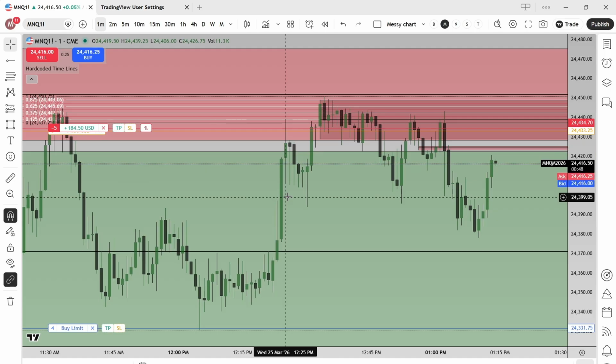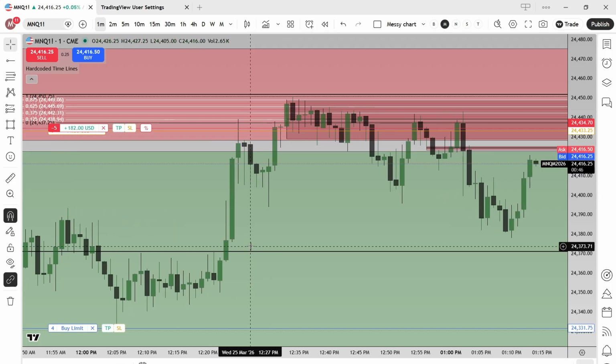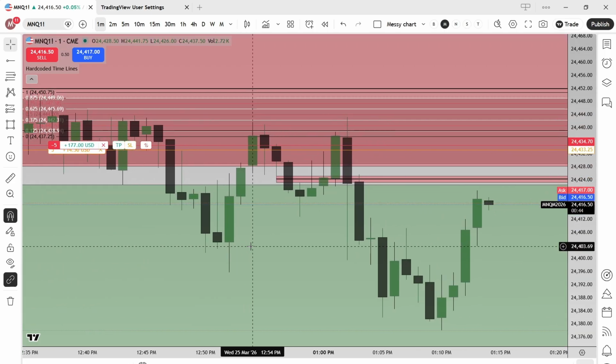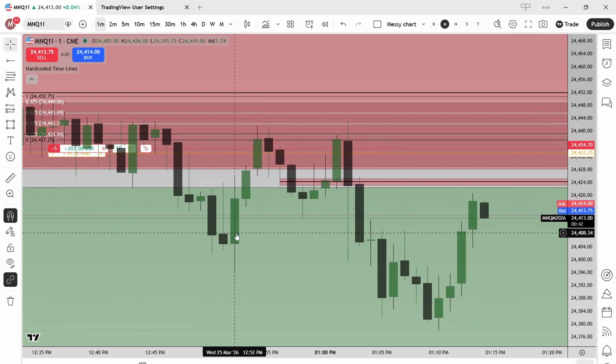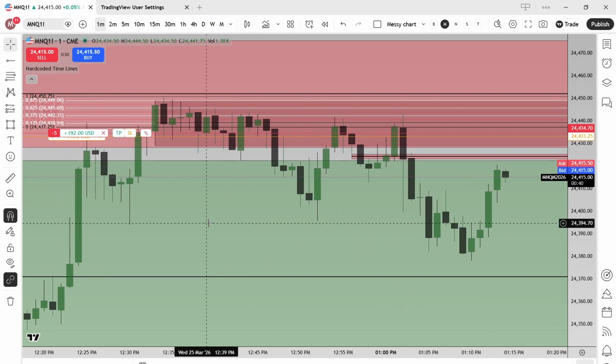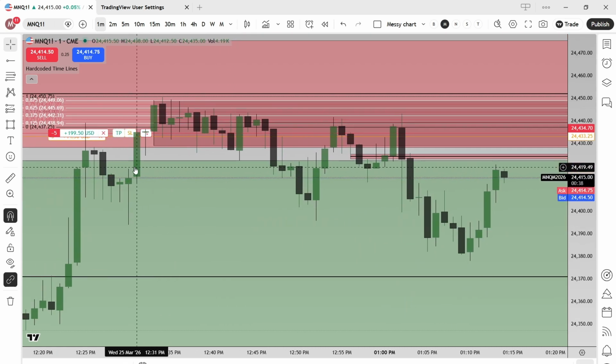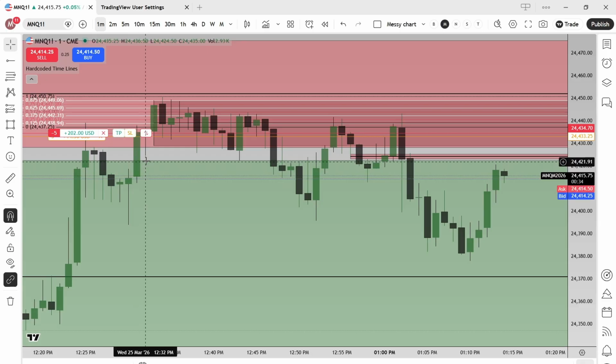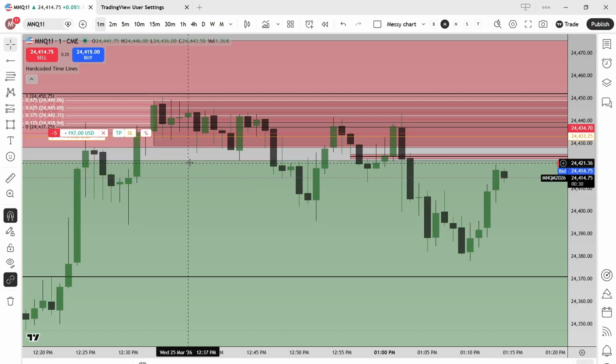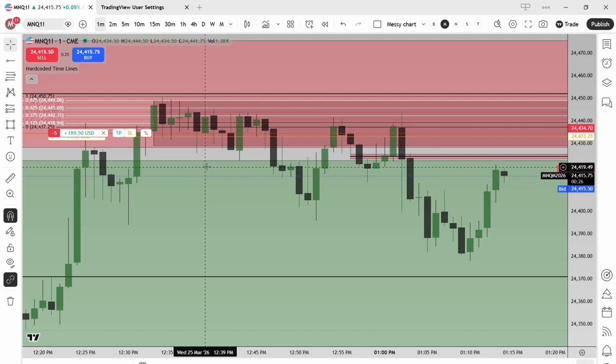Here's that deep retracement I was talking about. Expecting it to go here.